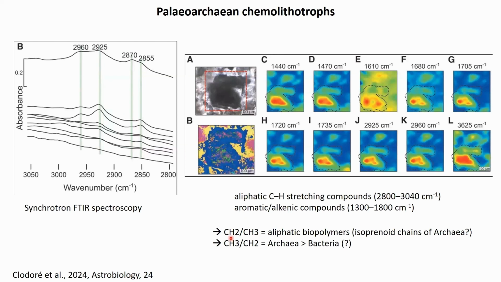As with Kieron, looking at the C2 to C3 ratios, we were able to say that the degraded organic molecules may have been related to aliphatic biopolymers, such as the isoprenoid chains of archaea. And also the CH3 to CH2 ratio gives us some indication that there were more organisms of the archaeal lineage than the bacterial lineage.